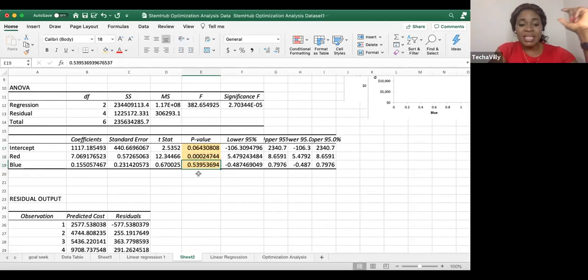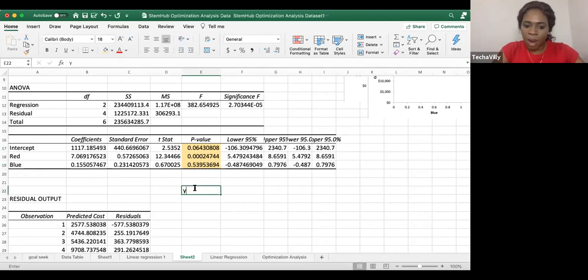But the company can say, after, let's see the mathematical function. Y equals intercept plus B1 times X1 plus B2 times X2.